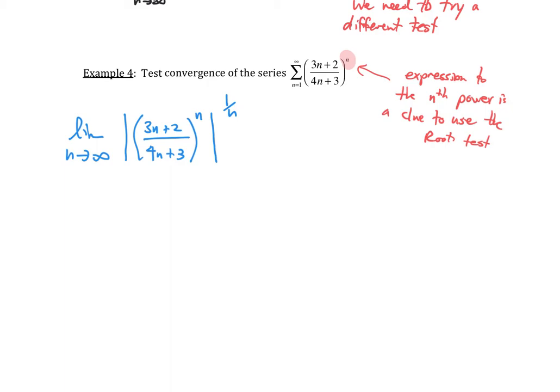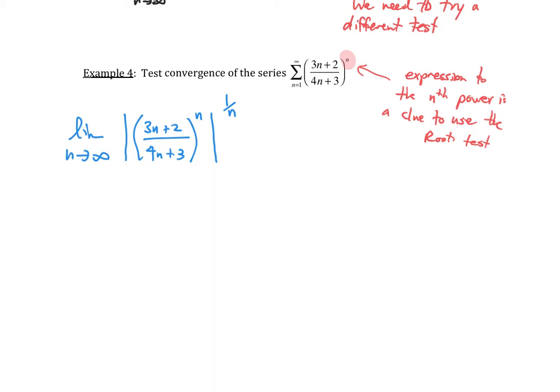Now we can see that you have something to the nth power that's raised to the 1 over n root. And when you have a power to a power, you multiply the two powers together, and n times 1 over n is just 1.